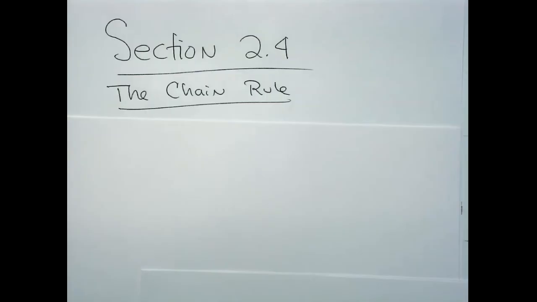One works after the other, and that's generally how it works when you use composite functions. And primarily, I want to look at the rates of change because derivatives are rates of change. So how does the rate of change of the first function and the second function combine together to give me the overall rate of change? So let's take a look at that. So this is section 2.4, the chain rule.